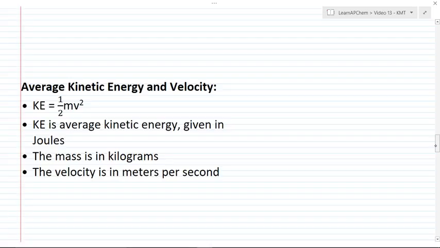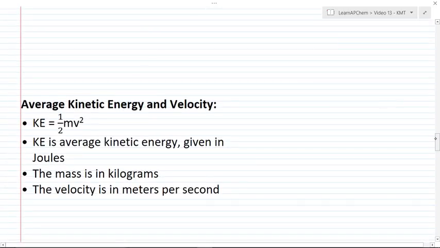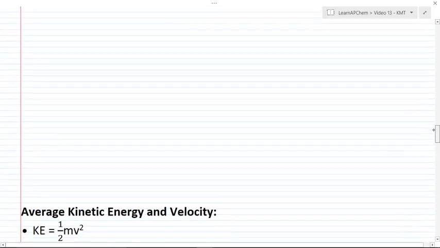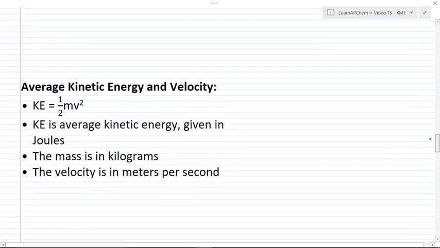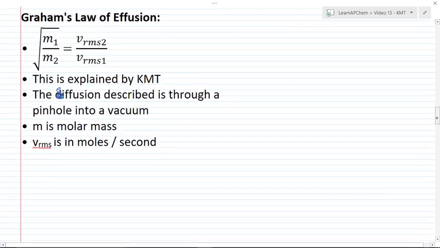So when you see the RMS speed, I believe that's going to be in joules, if I'm not mistaken. Okay, so here's what we want to do.